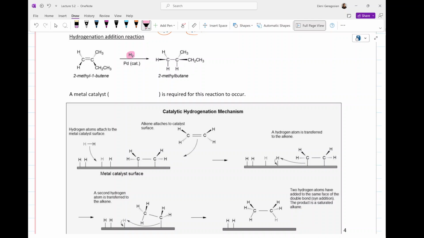If you want to pause the video and try to identify what's different between the starting material and product, certainly do that. There are two new hydrogen atoms bonded to the alkene carbons. And in this case, they're bonded on the same side, where we now have syn addition.